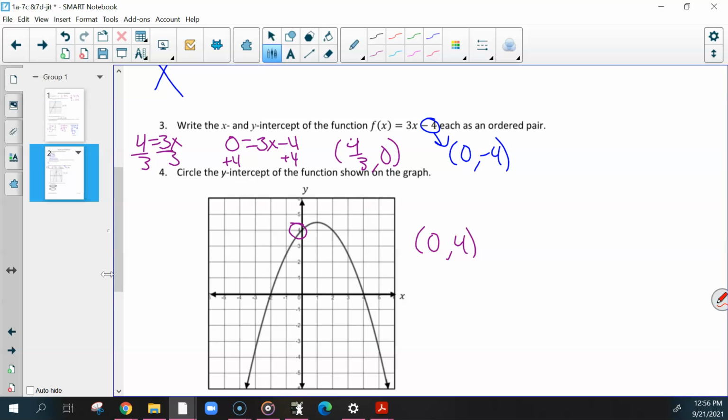So put 0 in for y, or f of x, and solve by adding 4 and then dividing by 3. So 4/3 was your x-intercept. Number 4 just asks you to circle the y-intercept on the function. So right here was your y-intercept at (0, 4).